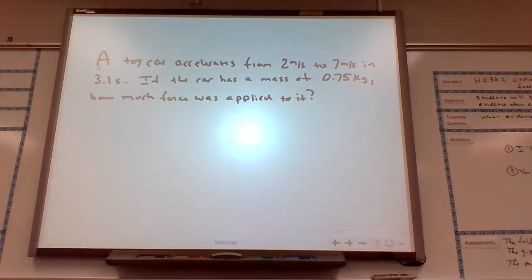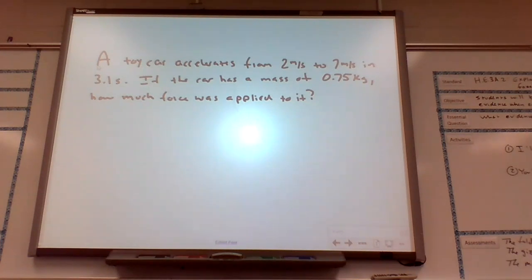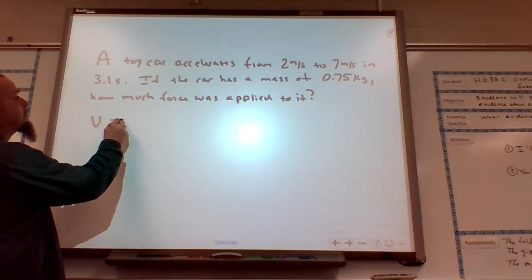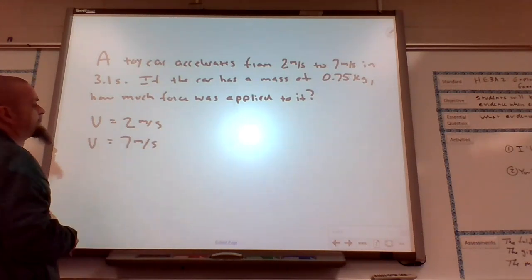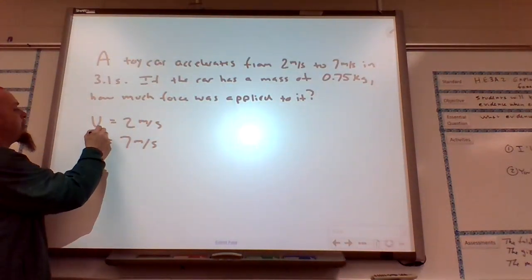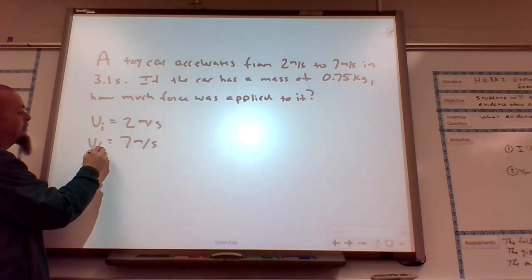Again, our first step in this problem is to go through and figure out what everything that's in that equation means. And there's a lot there. There's a lot that we have to sort through. So first thing I see there are my two velocities. I have 2 meters per second and 7 meters per second. 2 meters per second tells me that that is VI. 7 meters per second tells me that's VF.